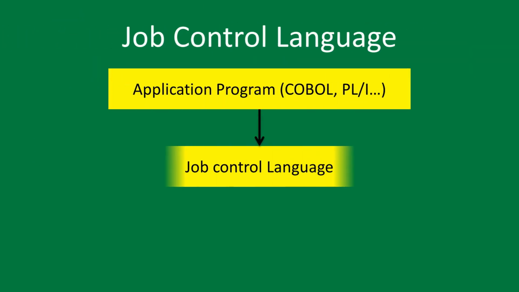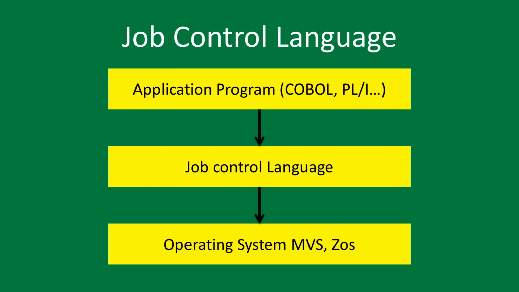With the help of a diagram, we can easily understand the work of JCL, the Job Control Language. The first layer you can see here is the application layer, that is the application program. In the application program there is COBOL, PL/I, or any other programming language which we use in mainframe. With the help of Job Control Language, we can execute programs in mainframe.